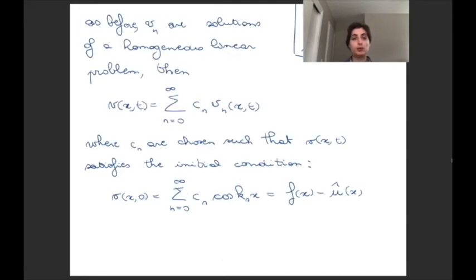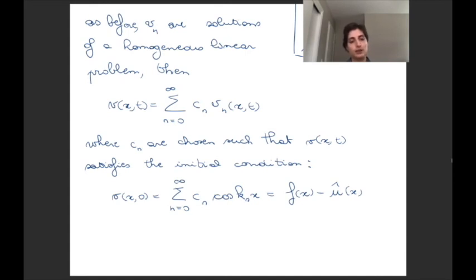So as before, Vn are solutions of a homogeneous linear problem. Then V, being a linear combination of Vn for some chosen coefficients, is a solution of the linear problem as well. And we can choose the Cn's such that V satisfies the initial condition.